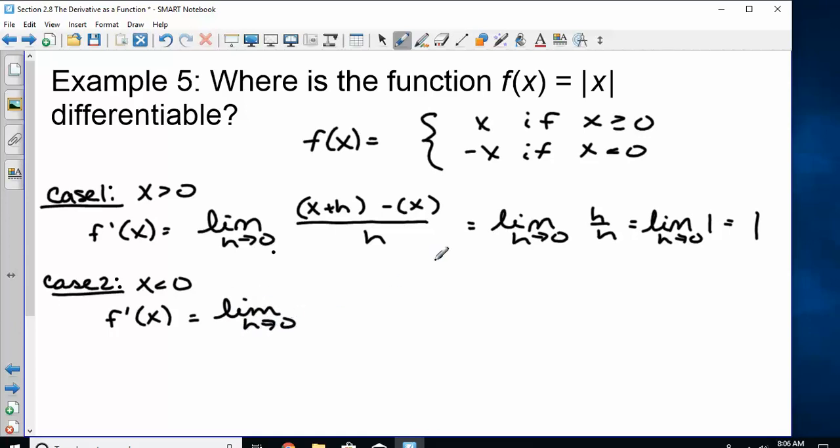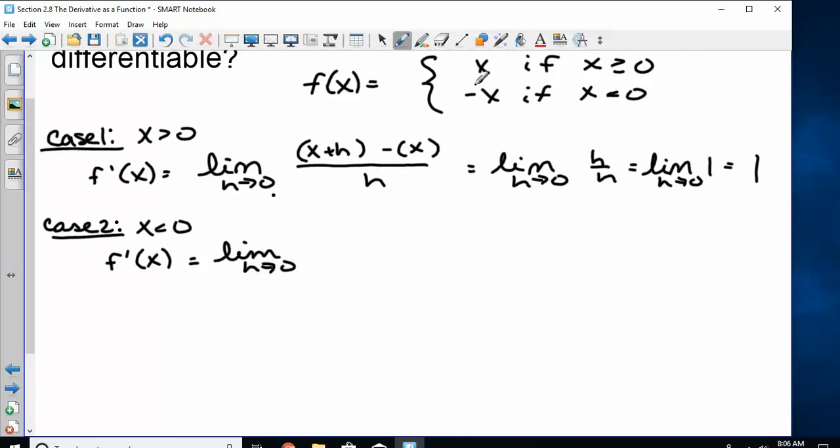So the derivative, when you do f of x plus h, if you're talking about negative numbers, we are on the second piece, so it would be the opposite of x plus h, minus f of x, which would be the opposite of x, over h. Okay, so this would be negative x minus h plus x.